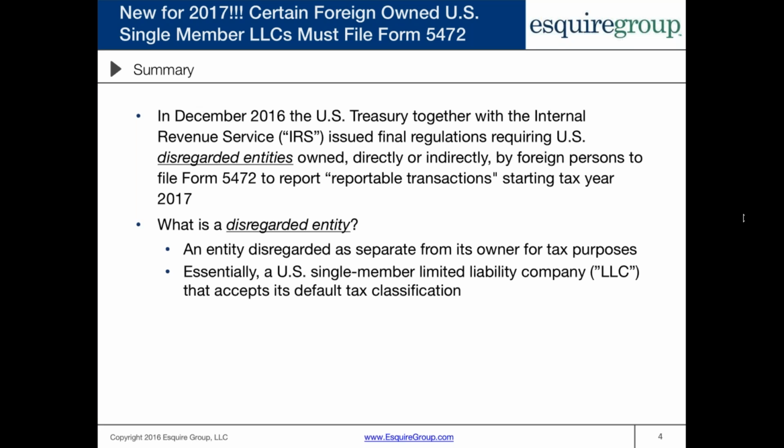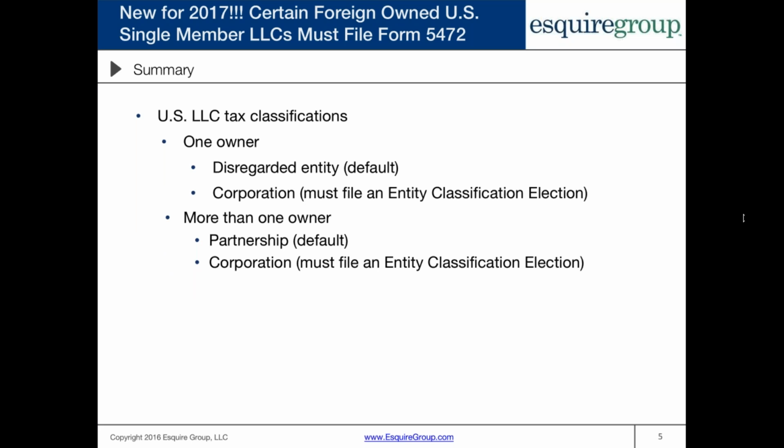In the United States, by far and away the most common disregarded entity is a U.S. single-member limited liability company that accepts its default tax classification. So let's talk a little bit about what the default tax classifications are for U.S. single-member LLCs. A U.S. LLC that has one owner is a disregarded entity by default. So you don't have to file anything or do anything to make it a disregarded entity.